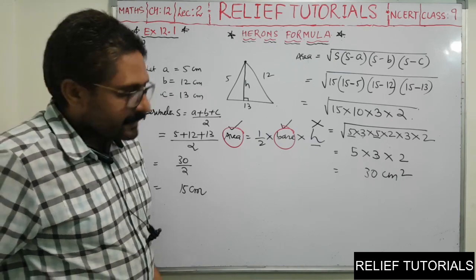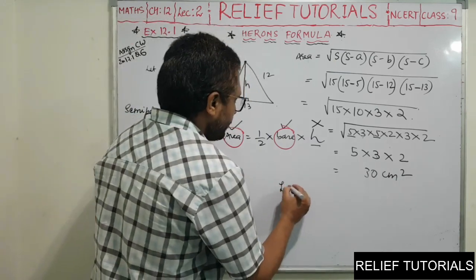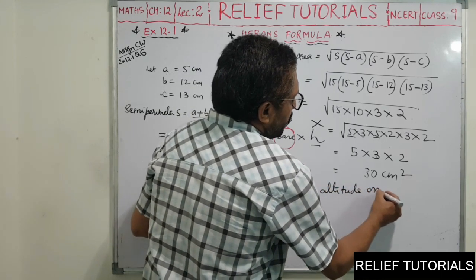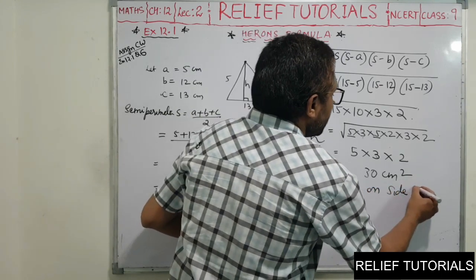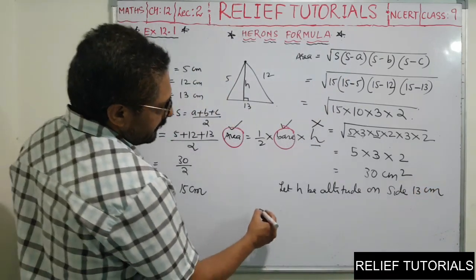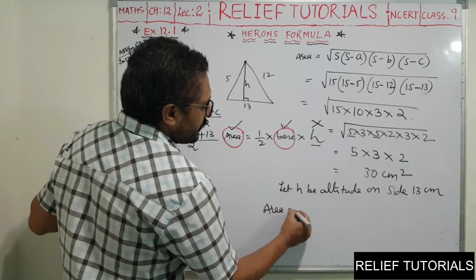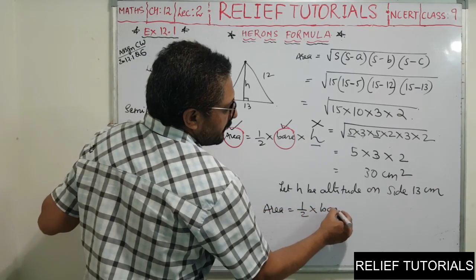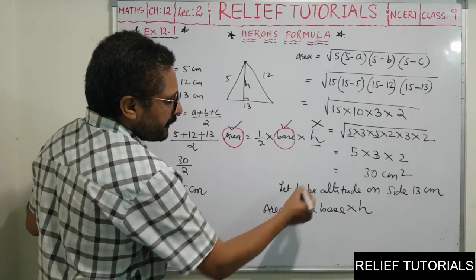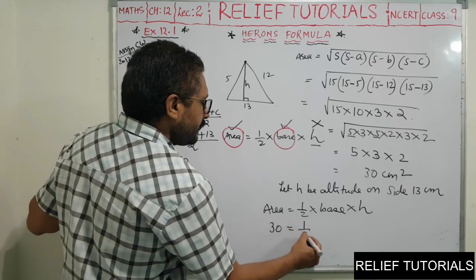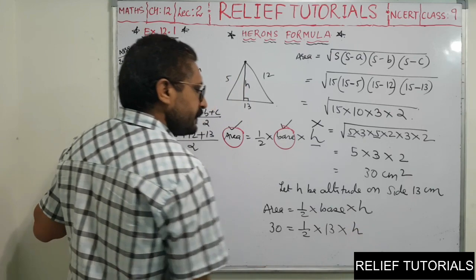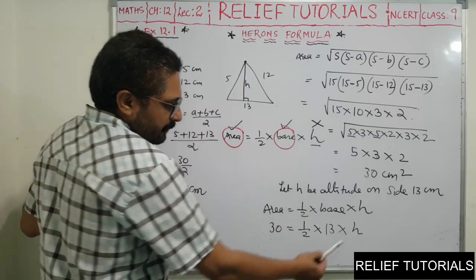So now what you write here, see, let h be the altitude on the side of 13 centimeter. So now area is half into base into height. Area is how much? We found 30. Base is 13 centimeter. Height is h. Now we want to find h.